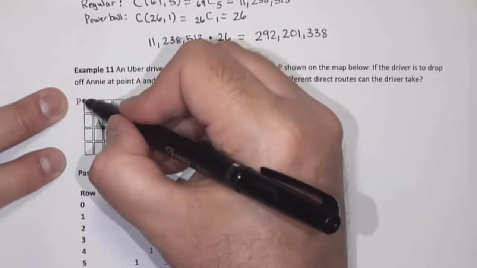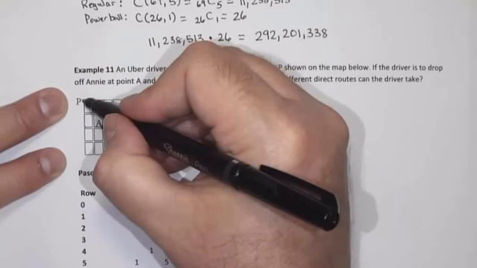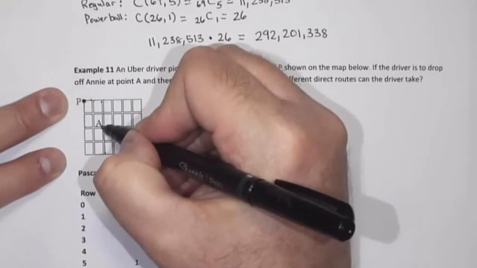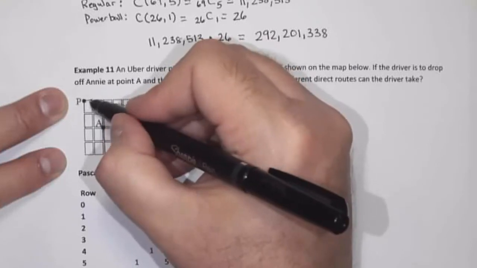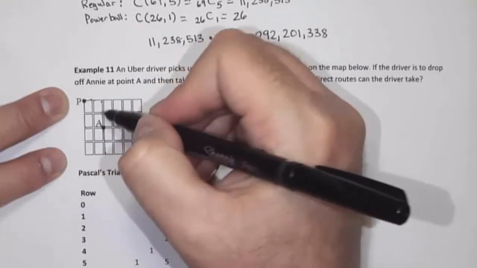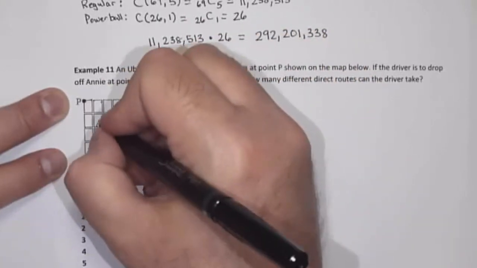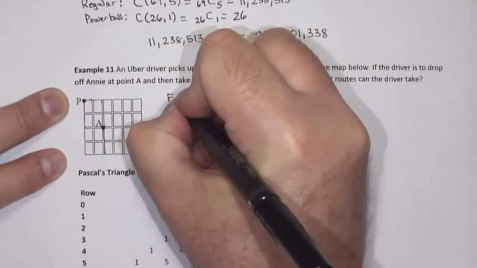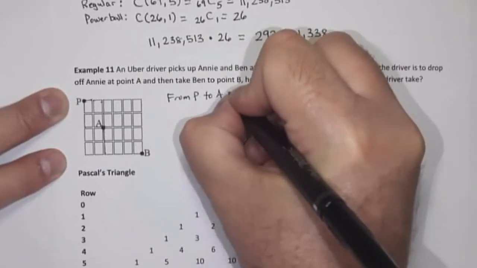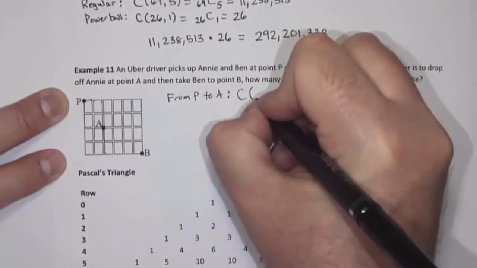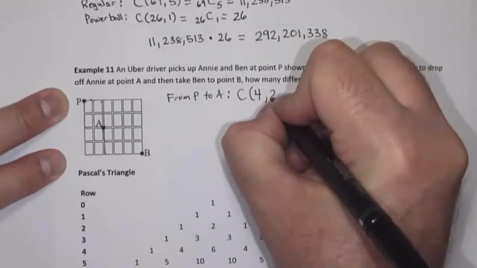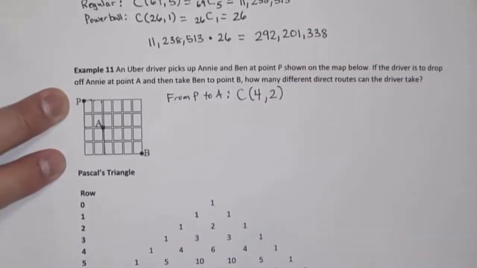So getting from point P to point A, there's a total of 4 blocks that have to be traveled. And of those 4 blocks, 2 of them have to be right and 2 of them have to be down. So we can get the number of routes from P to A by thinking of that as a combination. That is a combination of 4 blocks, and we're going to do 2 rights and 2 downs.